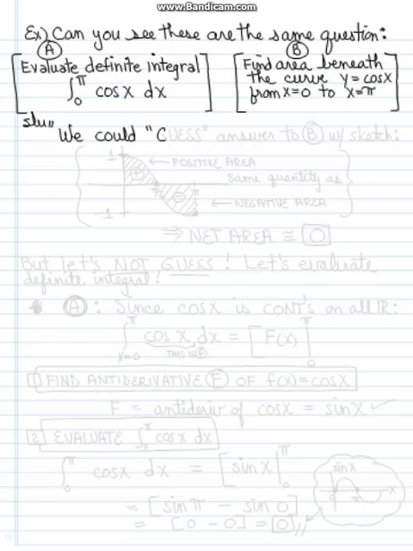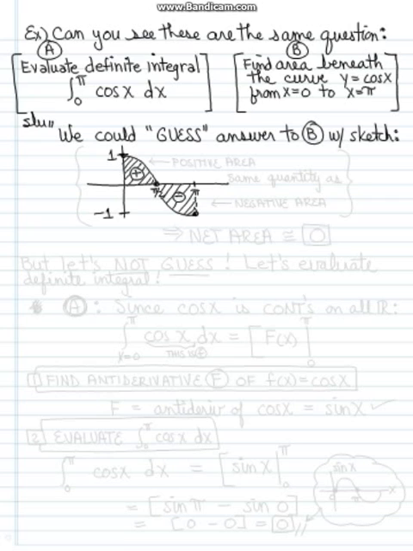We could actually guess the answer to part B. It would help to do a sketch in that guess. So let's go ahead and do a quick sketch of the function y equals cosine x, but let's just draw it from x equals 0 to x equals pi. So we'll just get half a cycle of cosine x. And here's the positive area above the curve, and here's the negative area below the curve.